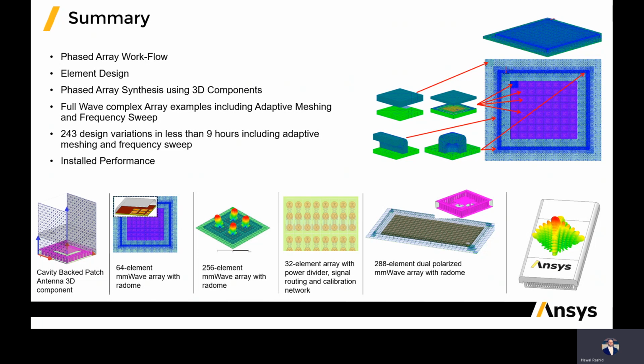Furthermore, we looked at this 243 design variations that was done in less than 9 hours. Actually, it was done in 8 hours, 42 minutes. This also includes adaptive meshing and frequency sweeps. We had a short look on how we could use hybrid techniques to do a study of when we put the antenna array inside the casing.